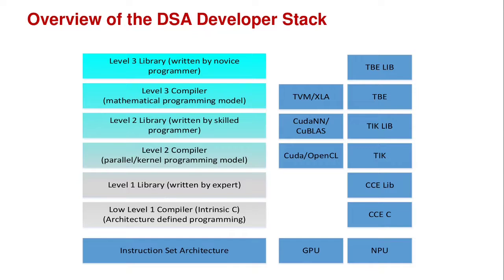So at the very bottom level of the stack we have the low-level compiler. It's a C-like language with intrinsics, and it is a very low-level concept and language, which needs lots of expert knowledge about the architecture, and probably software developers would like to develop their operations on something more high level.